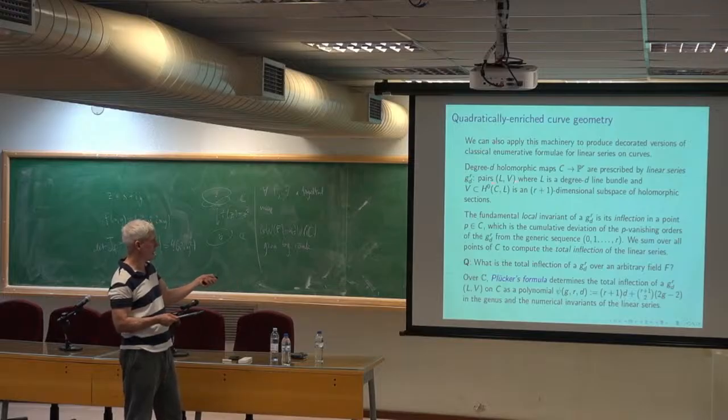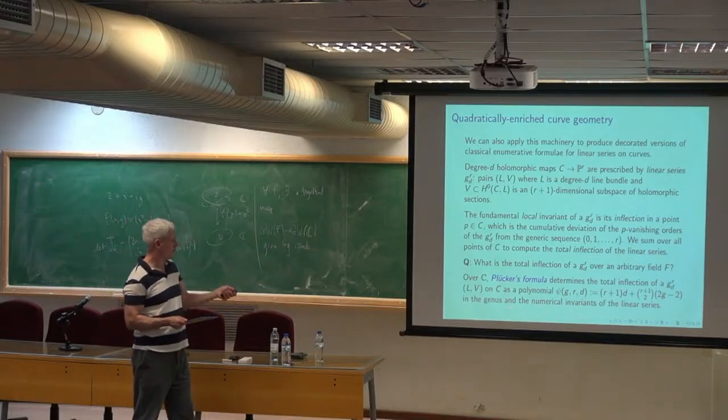It's just a pair of a line bundle of some degree d together with an r+1 dimensional subspace of holomorphic sections. The point being that when you projectivize the space of sections, you recover this P^r, and you think of these sections as coordinates on the target space.